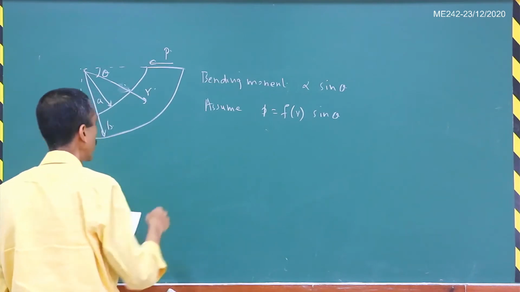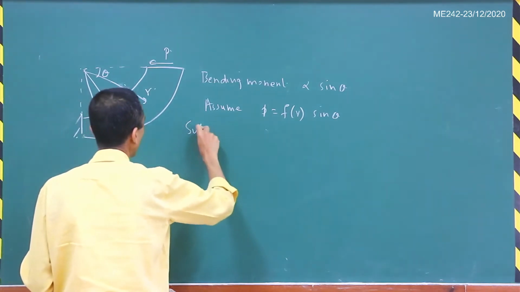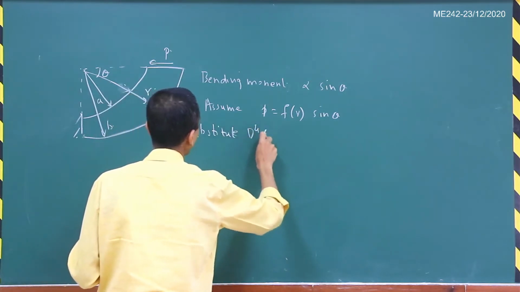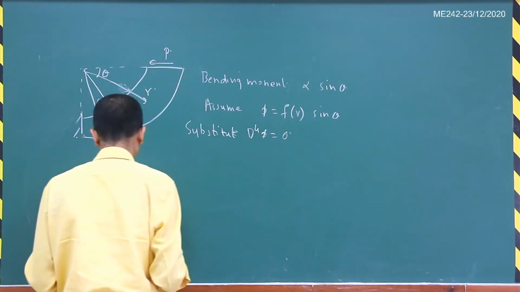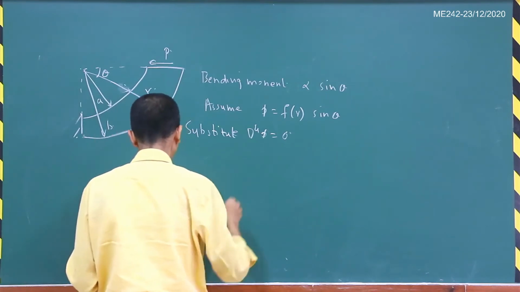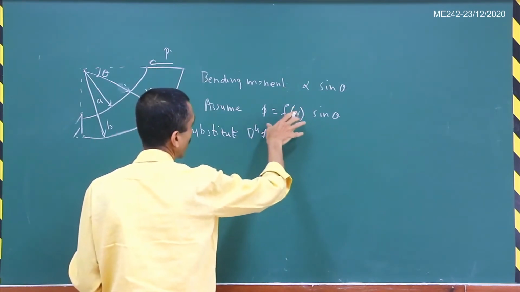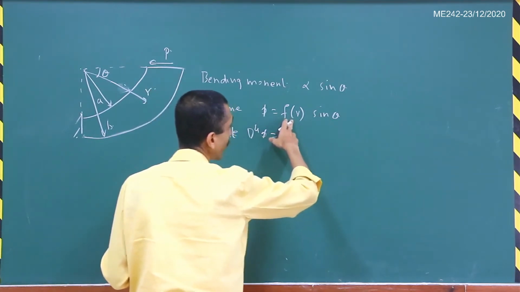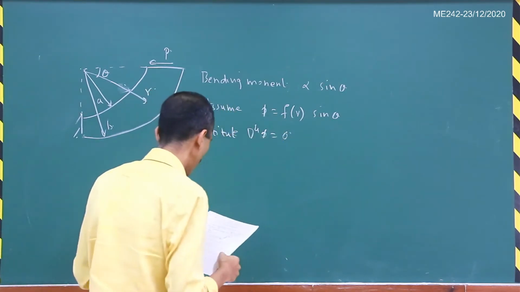Okay, then if you now substitute into del raised to 4 phi equal to 0, then again you sort of simplify this particular expression. You will get a fourth order differential equation for this f of r here.